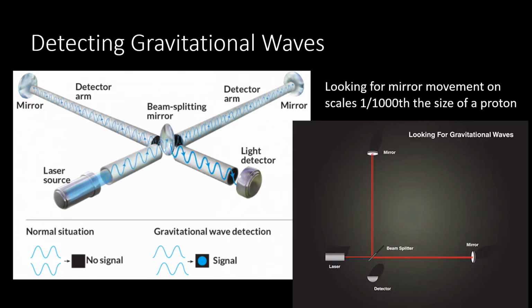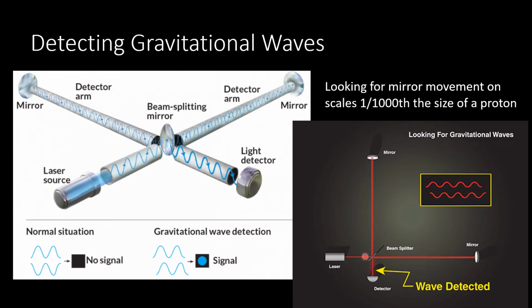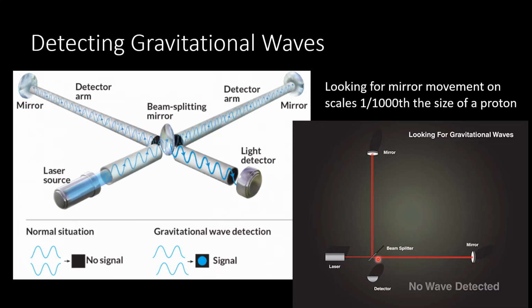So here's a little animation of what's happening. Again, laser, beam splitter, down the two arms, hitting the mirrors, the light comes back and it goes to the detector. We're going to repeat the little video here, but it just shows that initially the light gets combined, it cancels out, there is no signal detected.